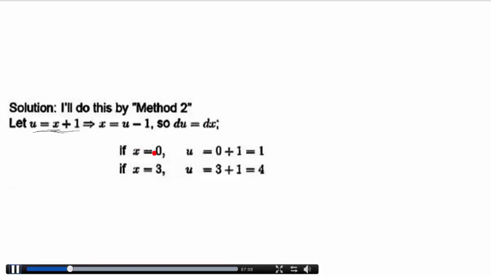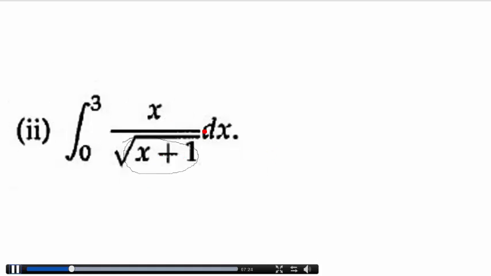Once we substitute u into our equation, we will have to do everything in terms of u. Because you can see this is our integral sign with respect to dx, and this is our lower limit, and this is our upper limit.